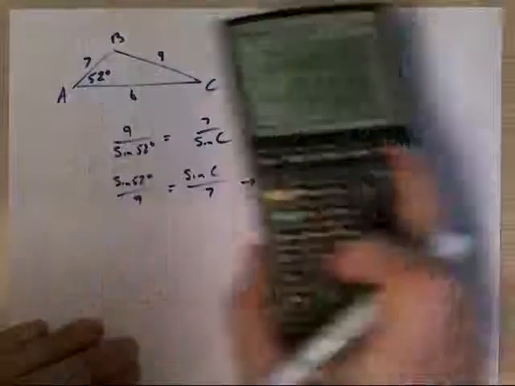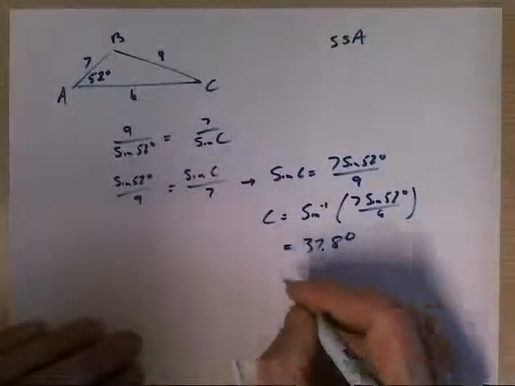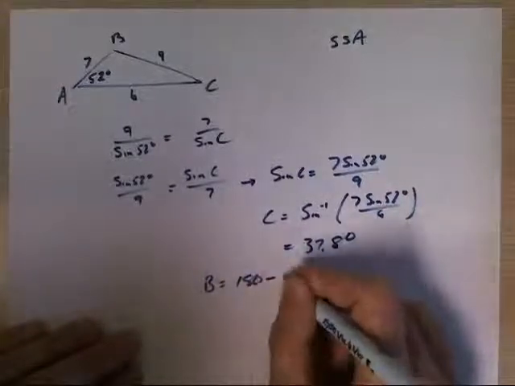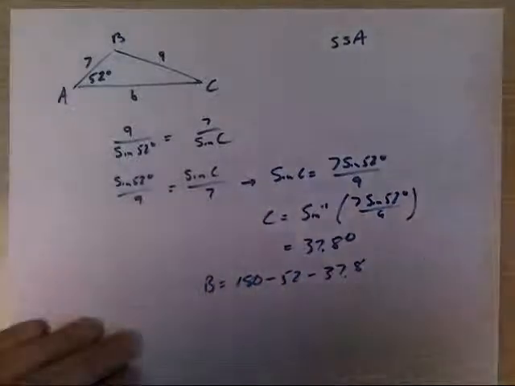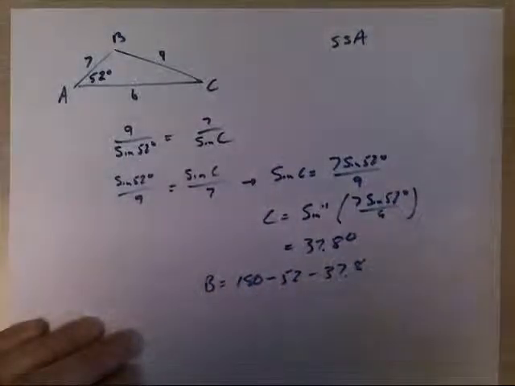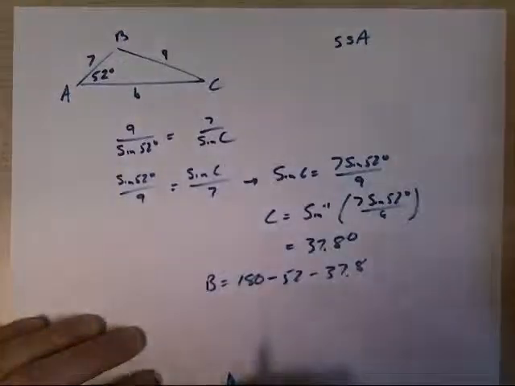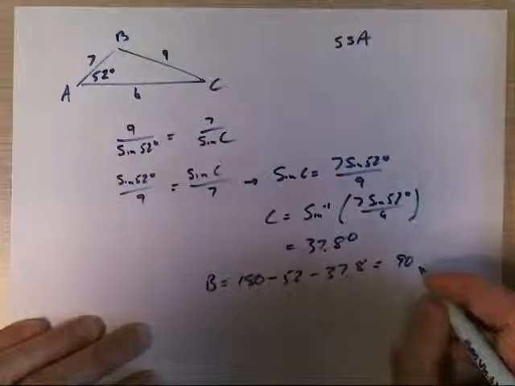Once I know that, then angle B is easy enough to do, because B is going to be 180 minus 52 minus 37.8. And I get 90.2. Oh, almost a right triangle.